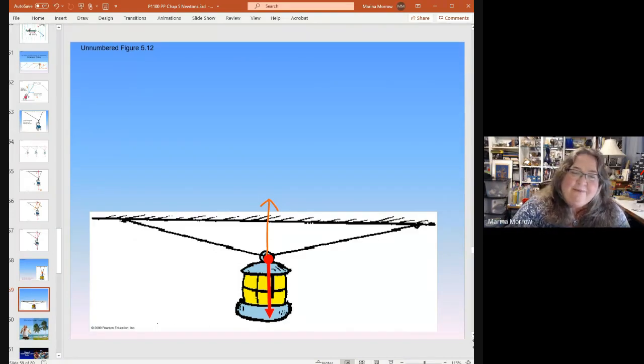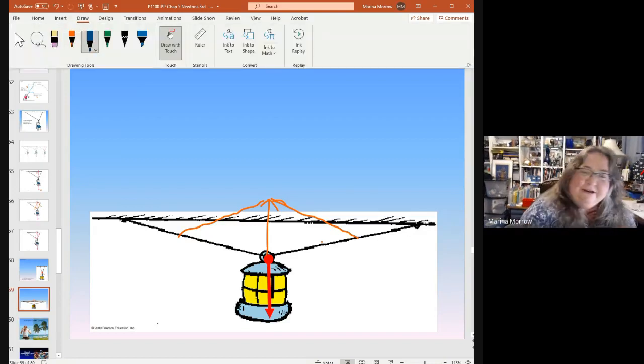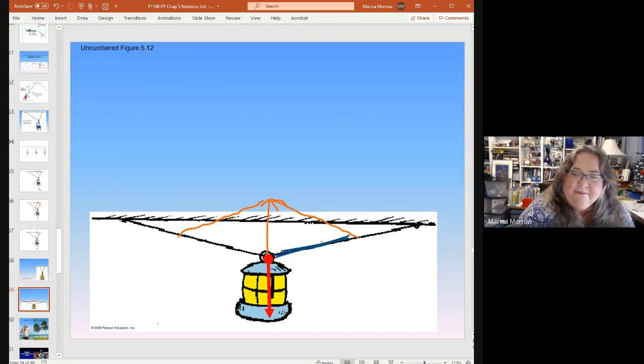Then we have to draw parallel lines, and this is not easy. That's supposed to be parallel to this one. This is supposed to be parallel to the other one. And what you can see right away is we are getting much greater forces. These are much longer than on the previous page.